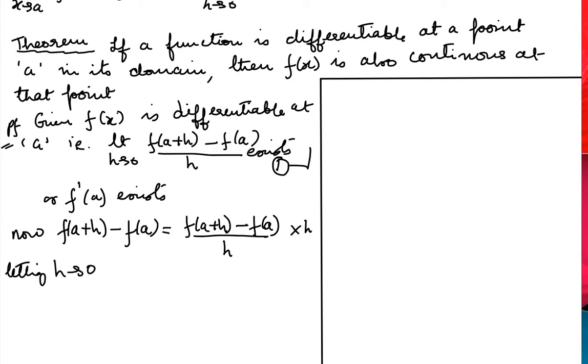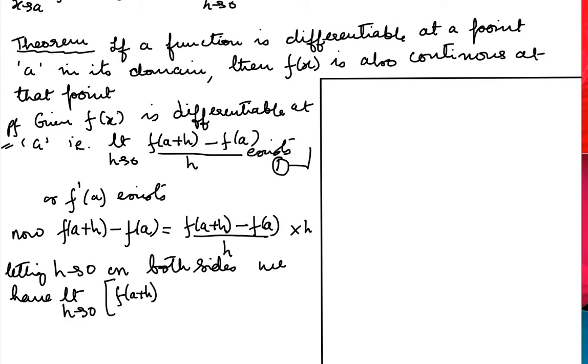Now, letting h tend to 0 on both sides, we have the limit as h tends to 0 of f(a+h) minus f(a) is equal to the limit as h tends to 0 of f(a+h) minus f(a) by h into h.